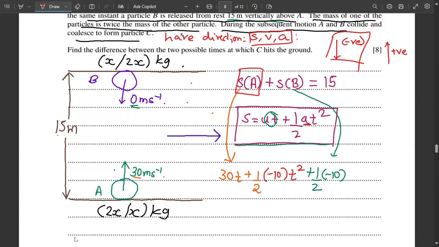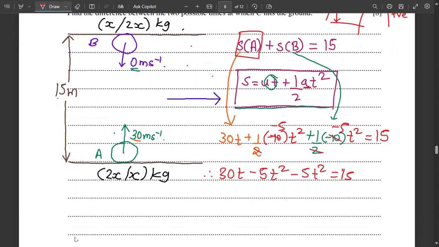So -5t square is equal to -15, and for A, 30t minus 5t square.